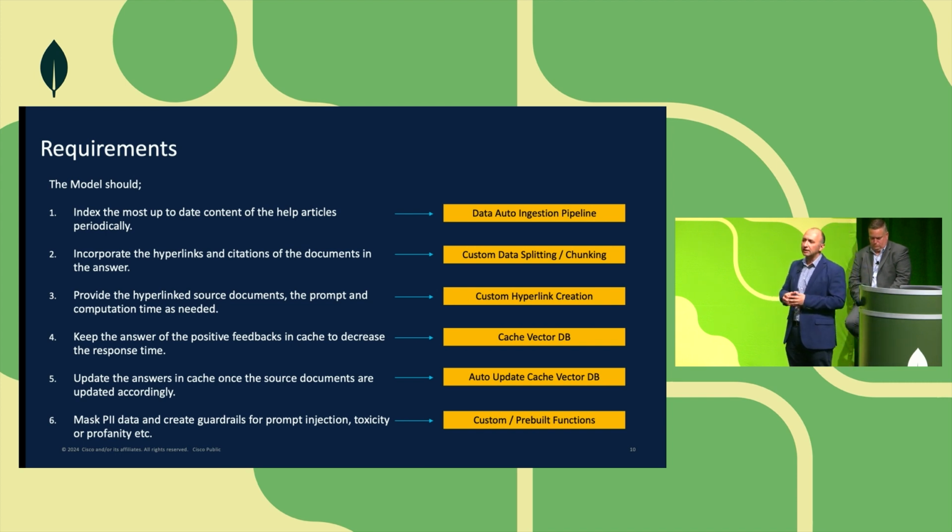As I said, our documents are living documents, and our cache database should take into account all these problems. And then we came up with an auto update cache vector database, and as you know, masking PII data, and creating guardrails for prompt injection, toxicity, and profanity.